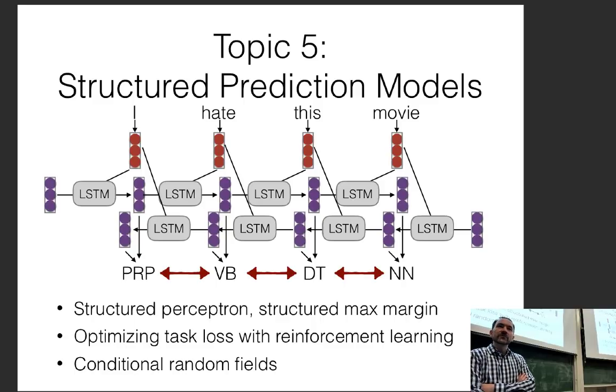Sequence-to-sequence models are one way of doing things, but research has shown that there are more effective models of doing this as well. And we're going to be talking about things like structured loss functions, like structured perceptron, max margin, optimizing task losses with reinforcement learning, and also conditional random fields, which are good methods for this.